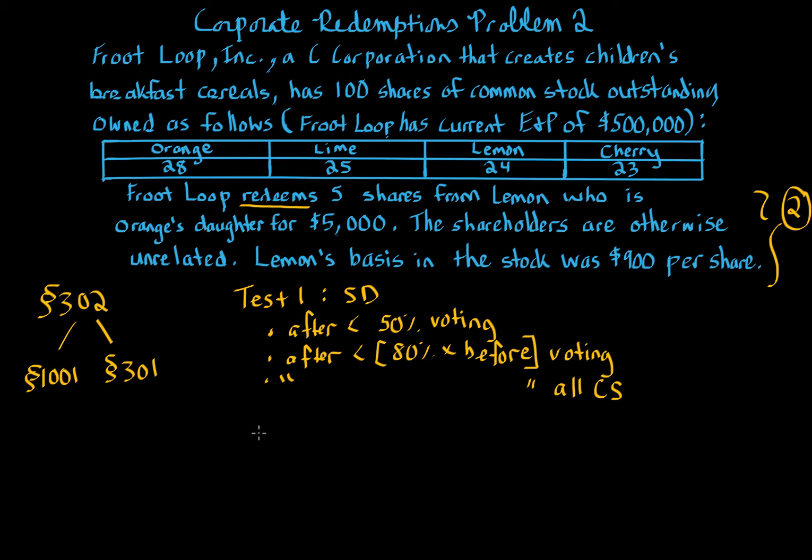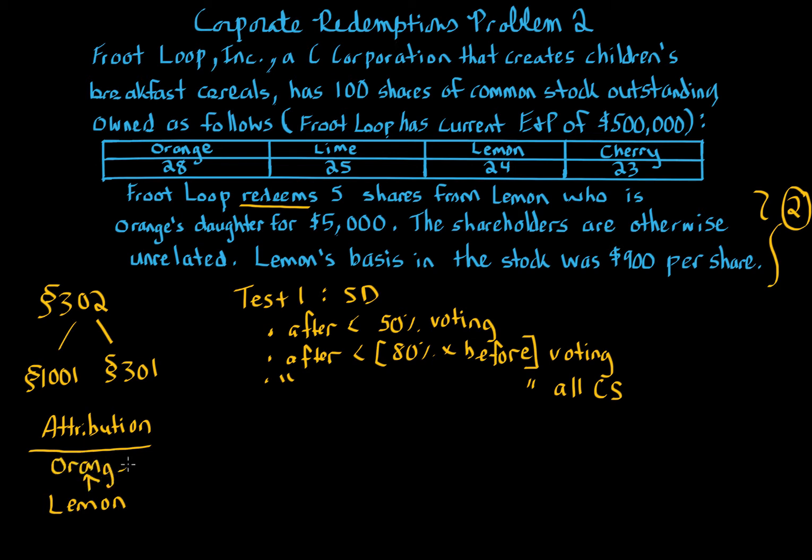So let's go ahead and apply that. Again, the way I like to focus on this is by looking at the before and after numbers. So here we have, again, family attribution. Look at the attribution we have here. Lemon is who's at issue, but Lemon's parent is Orange.